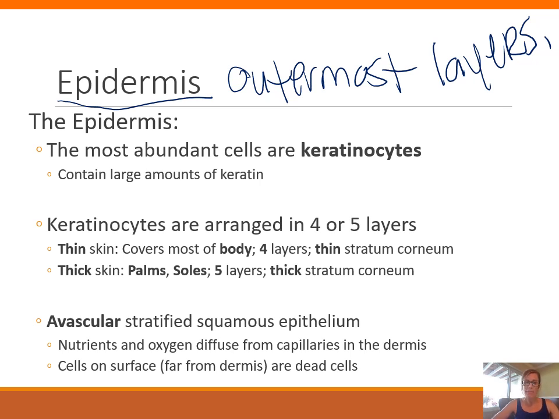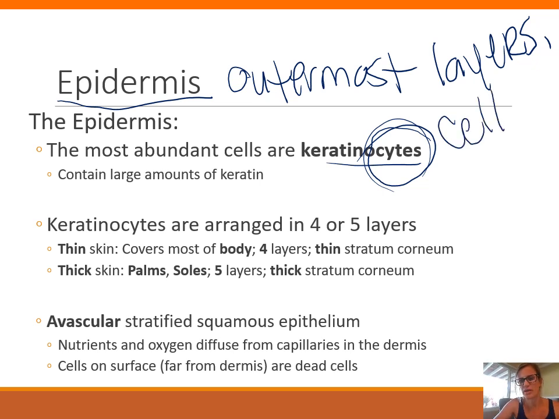The epidermis is jam-packed with cells. It can have over 100 layers of cells, all packed very closely together. Most of the cells that we see in the epidermis are called keratinocytes. The suffix cyte means cell, so this word is literally telling us keratin cell.